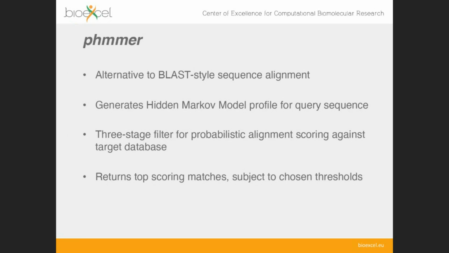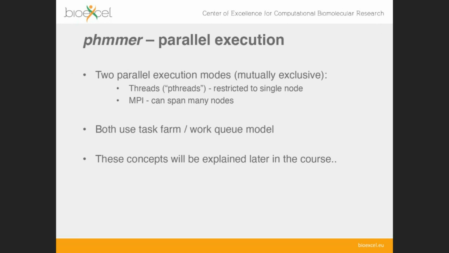It's got some fancy filter for probabilistically assigning alignment scoring against the database. So it has a number of top scoring matches, and then you choose the thresholds for how strict you want to be. So there are some settings that you play around with. If you're very strict, you won't get very many matches. If you're less strict, you'll get more matches, which can also influence the runtime, which is one of the things that you'll play around with.